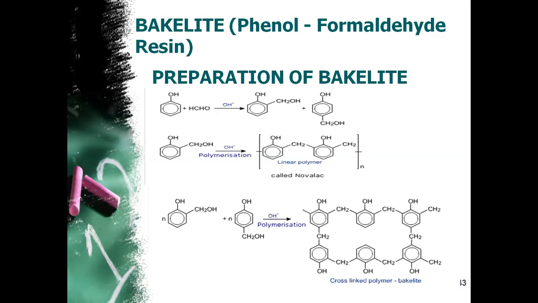It began with the heating of phenol and formaldehyde in the presence of a catalyst such as hydrochloric acid, ZnCl2, or ammonia. This creates a liquid condensation product commonly referred to as bakelite. The preparation of bakelite can be easily seen in the current slide.